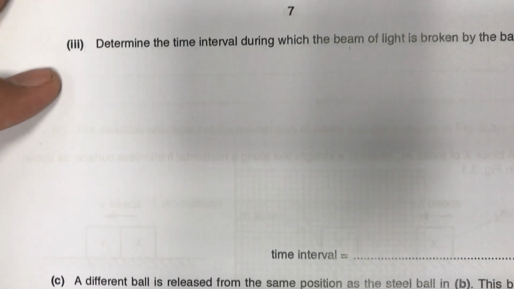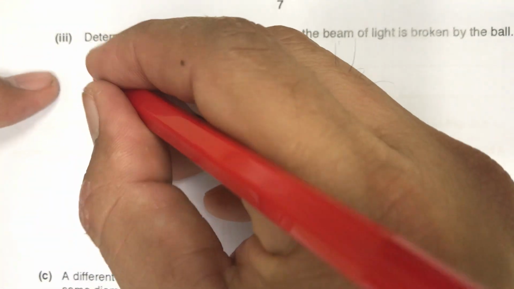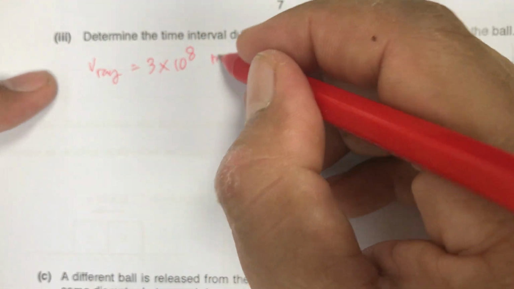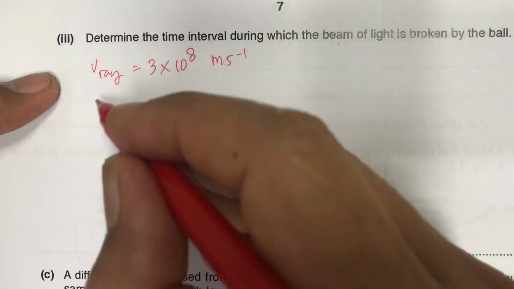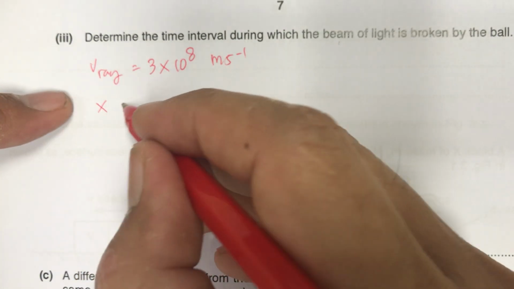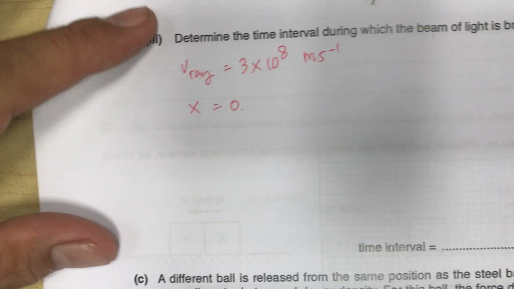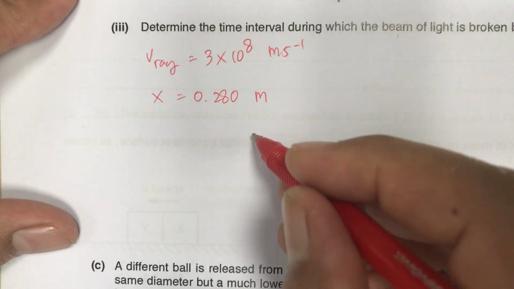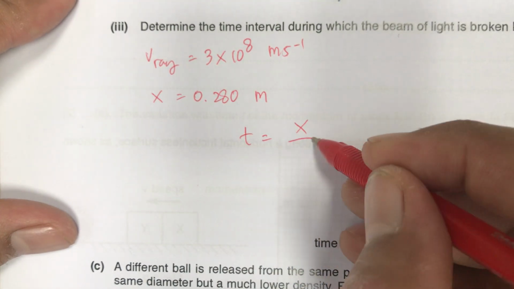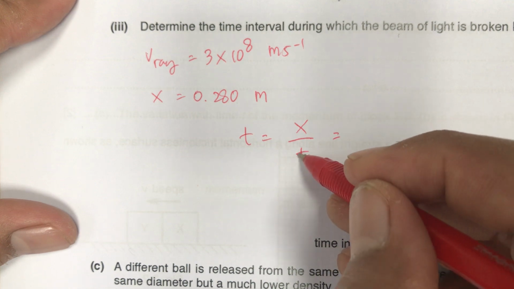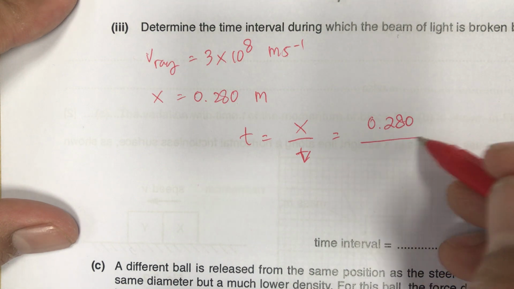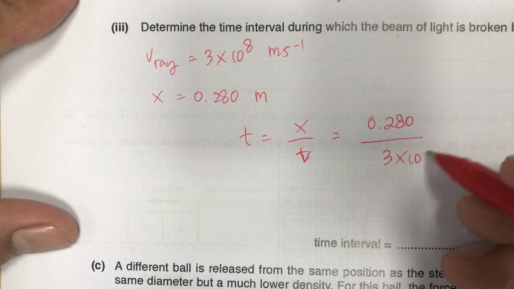We have the velocity of the ray, which is around 3 times 10 to the 8 meter second minus 1, and we have a distance of 0.28 meter. So time equals x divided by v. We have 0.280 meter divided by 3 times 10 to the 8.